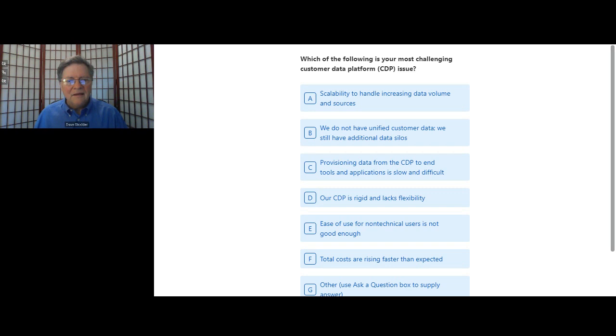And then the next answer would be ease of use for non-technical users is not good enough. And then total costs are rising faster than expected. So this is an issue we also see in organizations, that the costs are racing ahead of what they had planned, and that's an issue. And then finally, we have other, which is ask a question. You can supply an answer in the ask a question box, and we'll take a look at it in the audience Q&A. Okay, let's take a look at what the answers are.